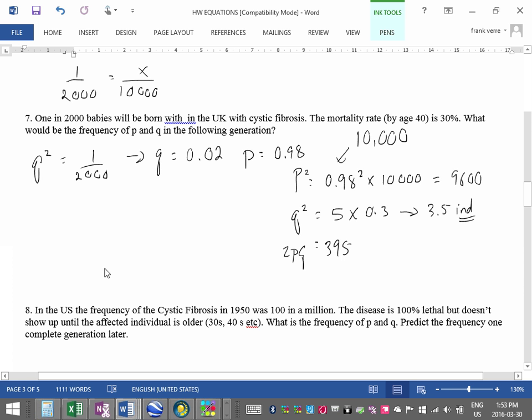What is that? If we add this all up, the total is 9,998.5, right? We should only have lost 1.5 individuals. Now, they each carry 2 alleles, so how many alleles is that in total?